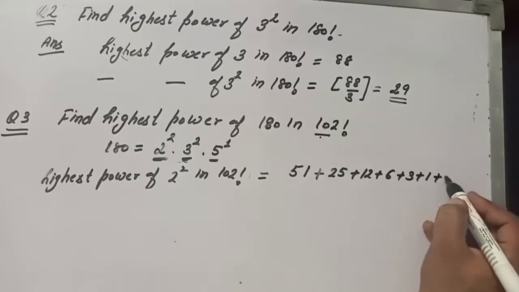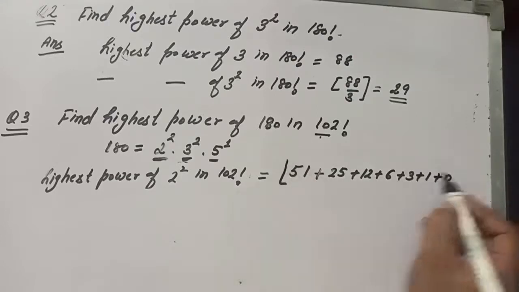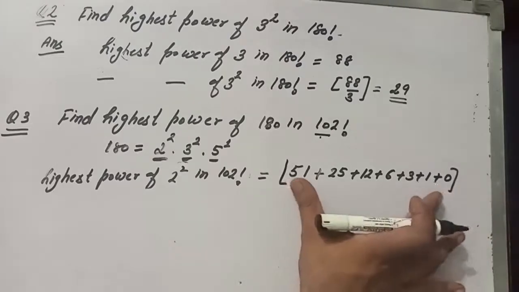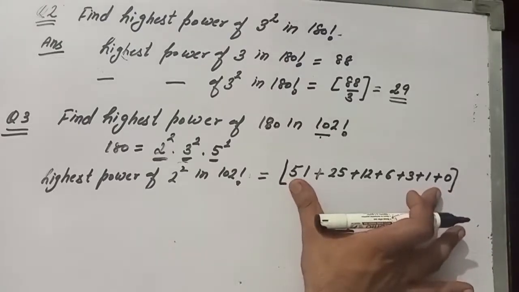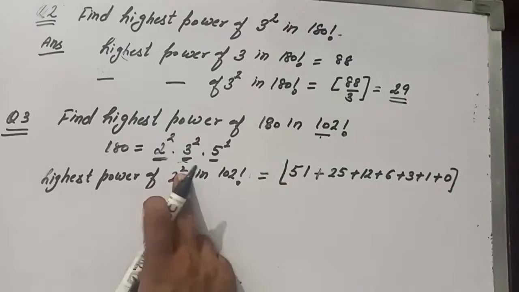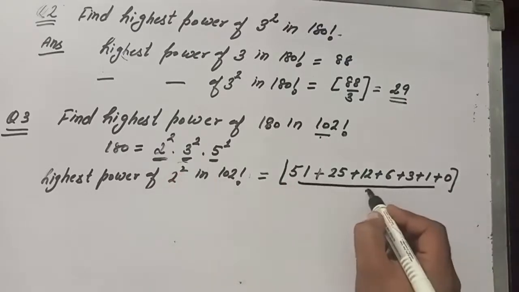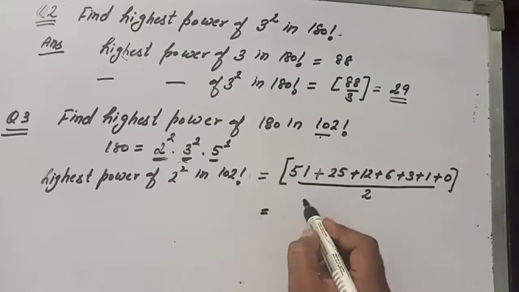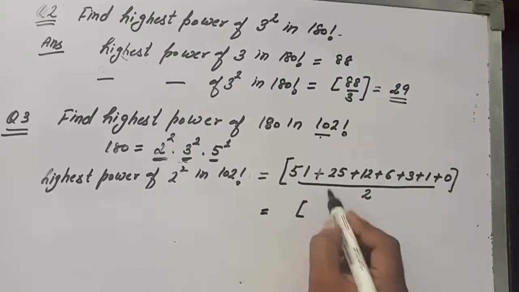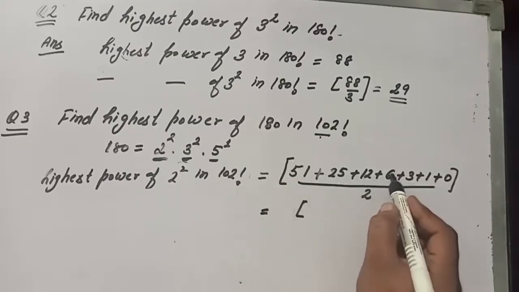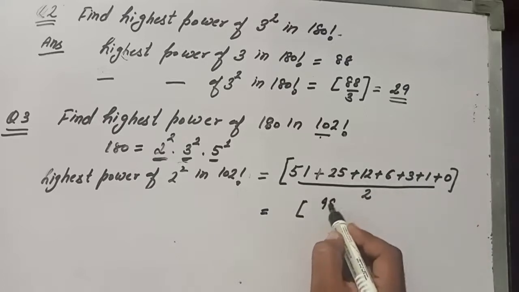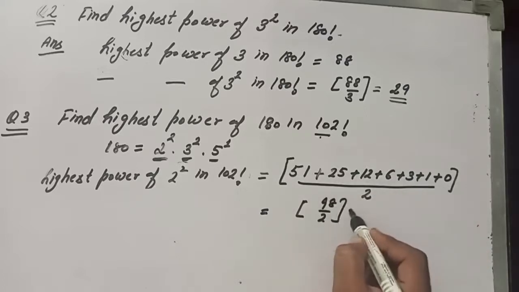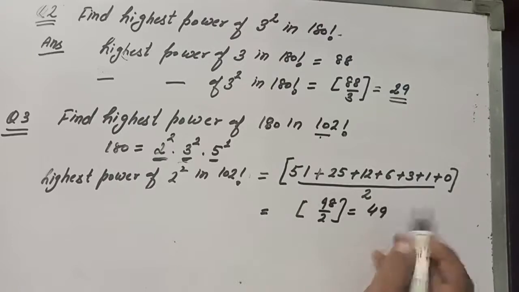And 1 by 2, quotient is 0. This sum is the highest power of 2, which is 98. But we have to calculate the highest power of 2 square. Again, divide here by 2 and take the greatest integer. 98 by 2, that is 49 quotient.